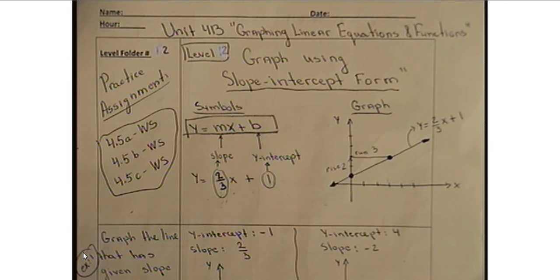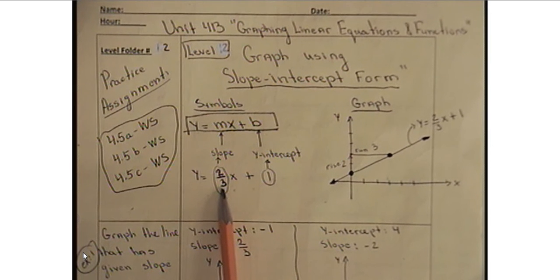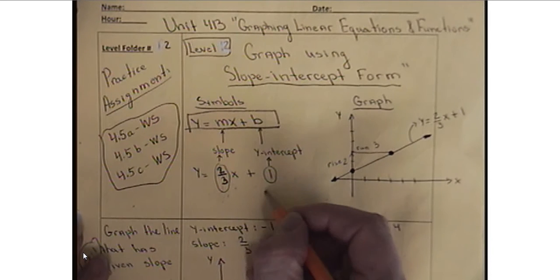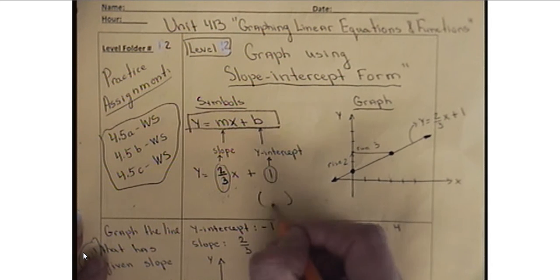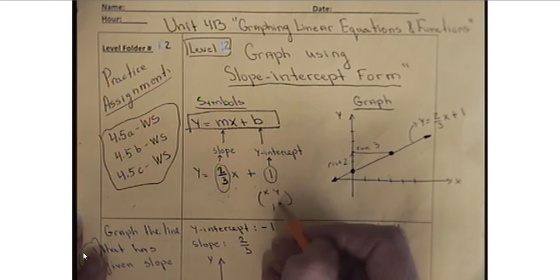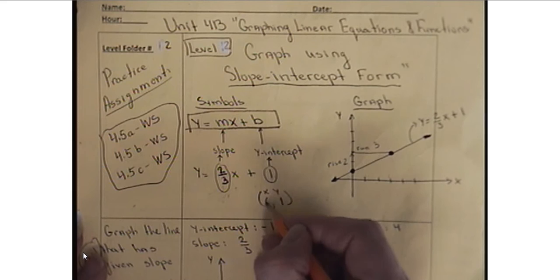So, if I am given the equation y equals 2/3 x plus 1, I know 2/3 will be the slope, and 1 will be the y-intercept, which is the point we're looking to begin with on the graph. The coordinates of this y-intercept, because it's the y-intercept, mean y is 1 and x will be 0.